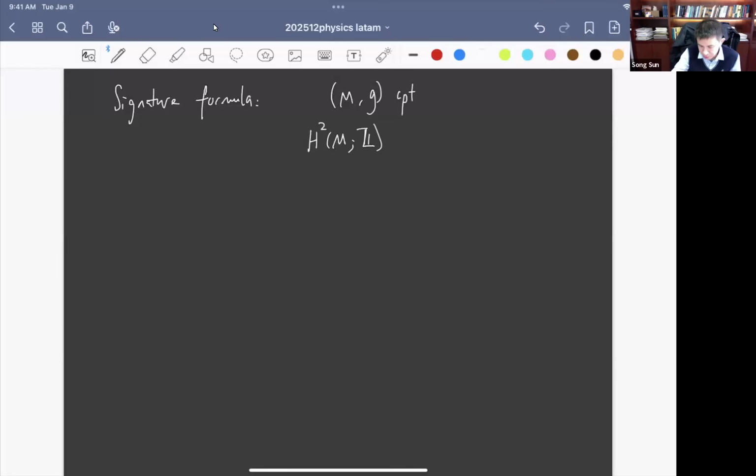Then the next one is the signature formula. So again, M is compact. Similar to the self-duality, we have the second cohomology of M, with integer coefficients. That's a cup product, right?